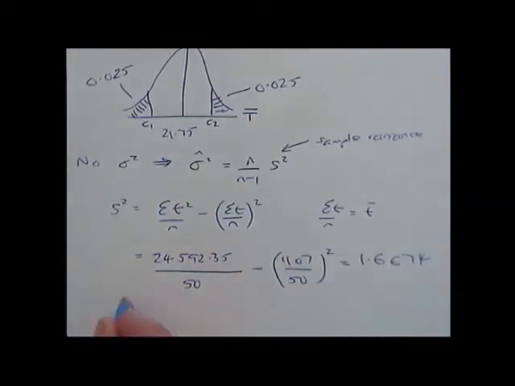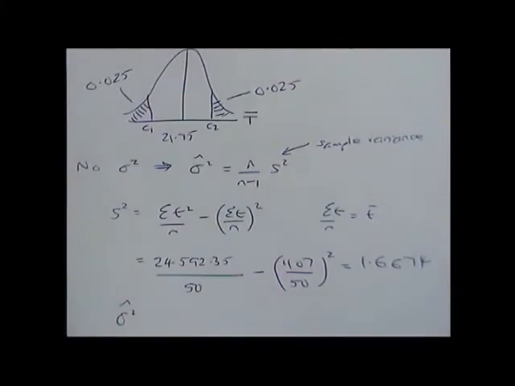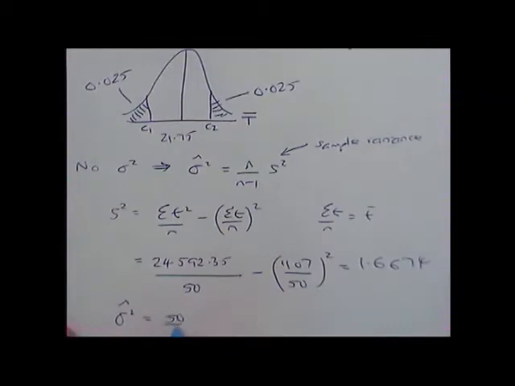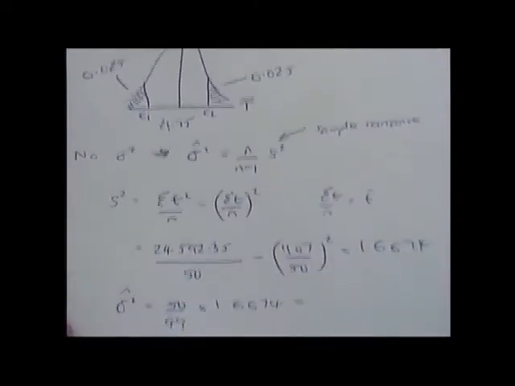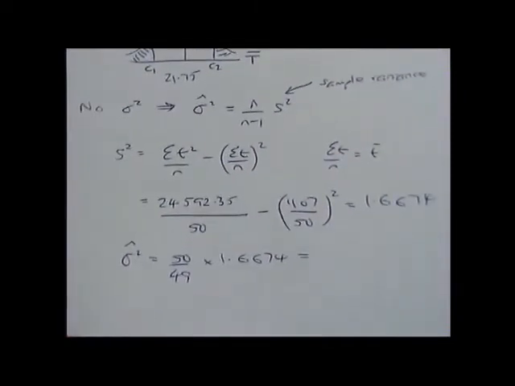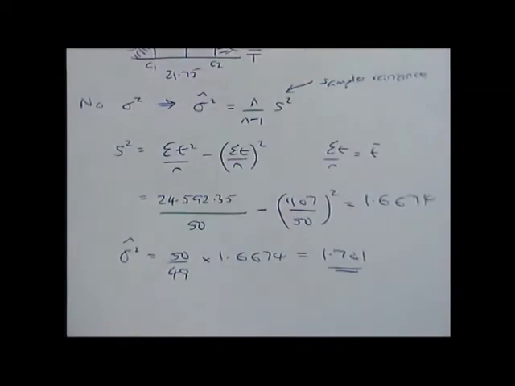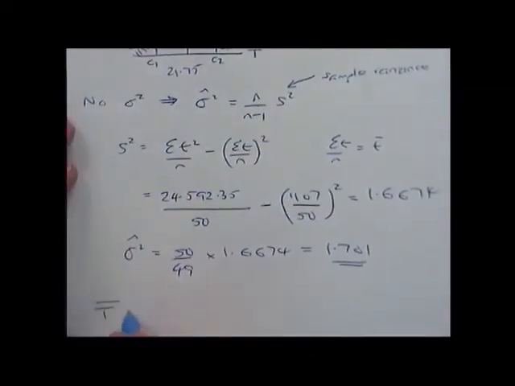So, sigma squared hat, our unbiased estimator for sigma squared, will be n, which is 50, over n minus 1, which is 49, times by that value, which will increase it by a little bit. What will it increase it to? 1.701. Yeah, that's right. Okay. So I've got that t bar is going to be normally distributed 21.75, that was given to us, and 1.701.